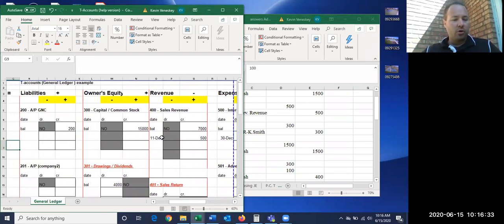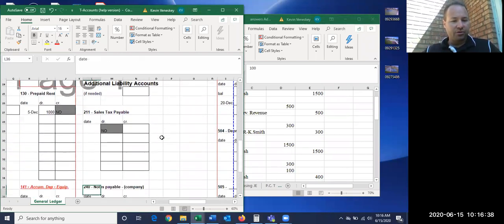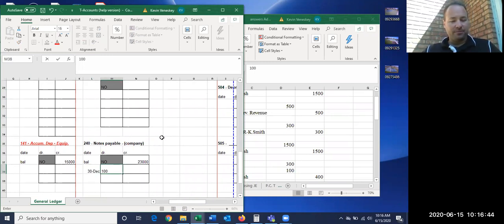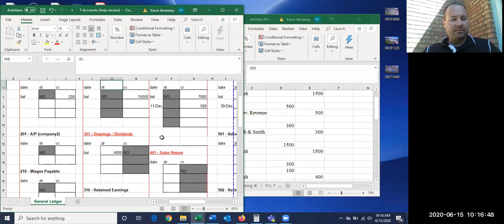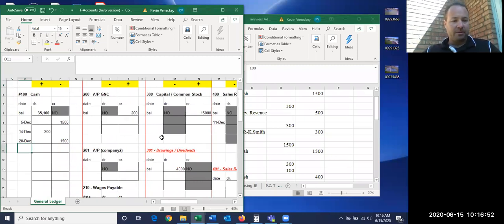Then I come over to my note payable. Remember that was all the way down here in my additional liabilities. I had $100 taken off of our account. And all of it because I made a payment on cash for $400.